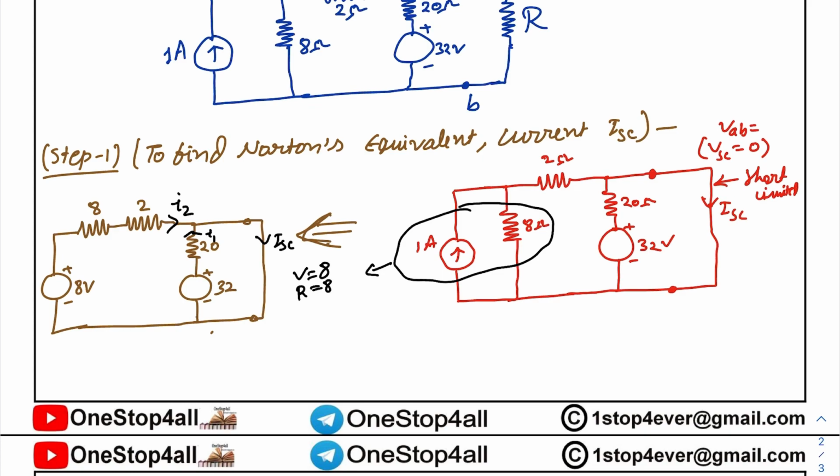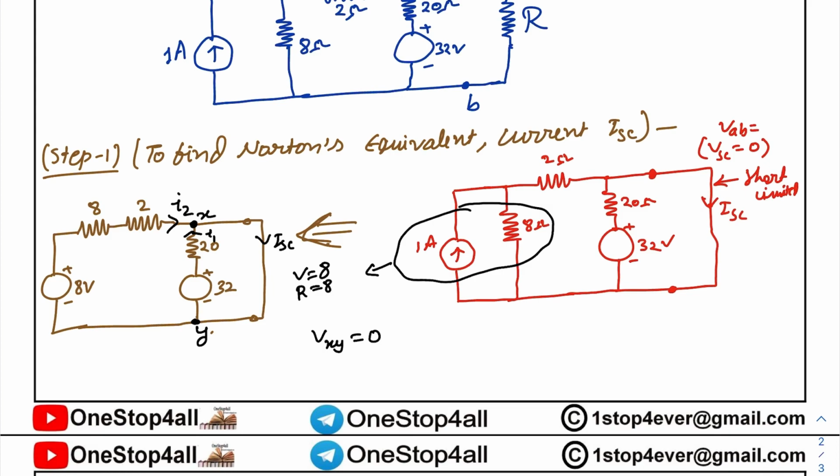For finding out I2, what we will do? Actually, because here it is short circuit, so voltage across this terminal will be how much? Let this be x point and this be y point. So V of x y will be nothing but your 0. This potential will be how much? 0. Simple. Why it is 0?